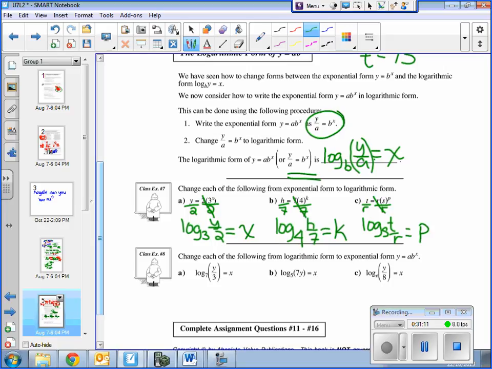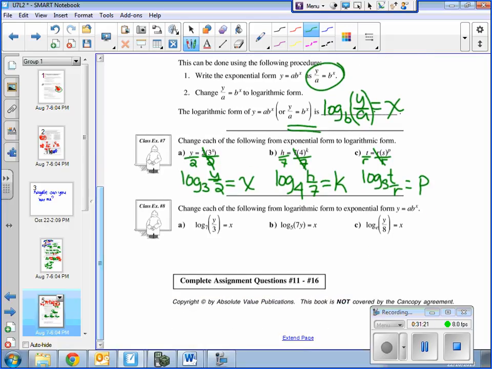Excellent. Yeah, so first divide by a, and then just do exactly what you did before.